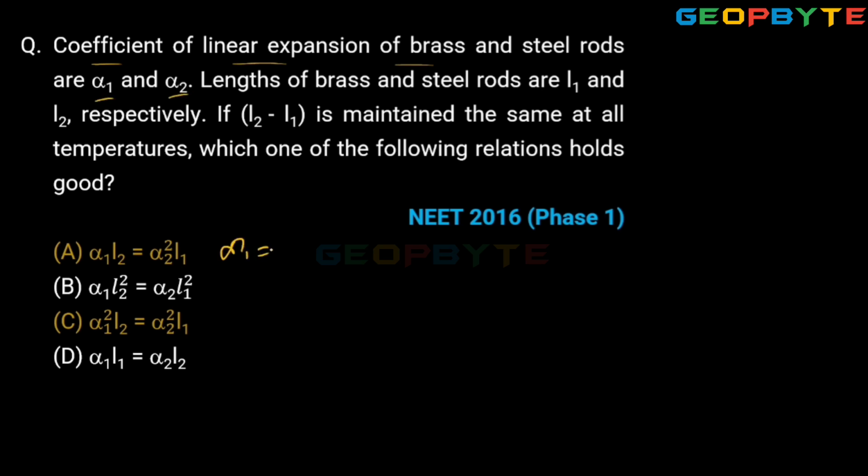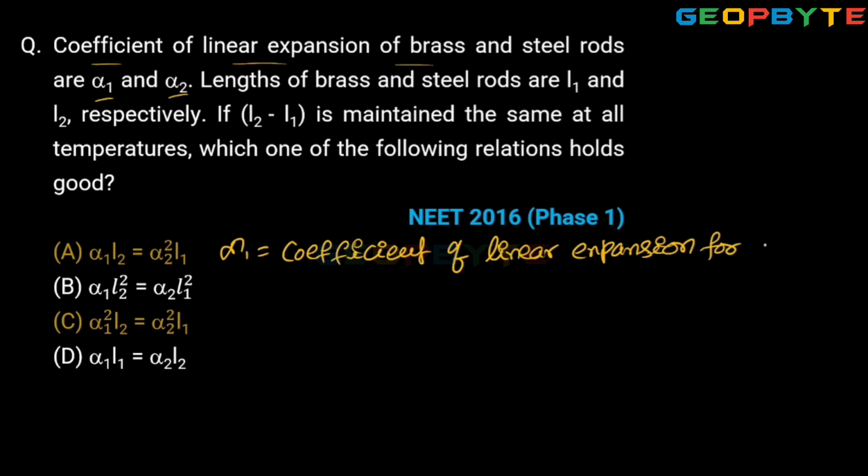Alpha 1 equals coefficient of linear expansion for brass, and alpha 2 equals coefficient of linear expansion for steel.